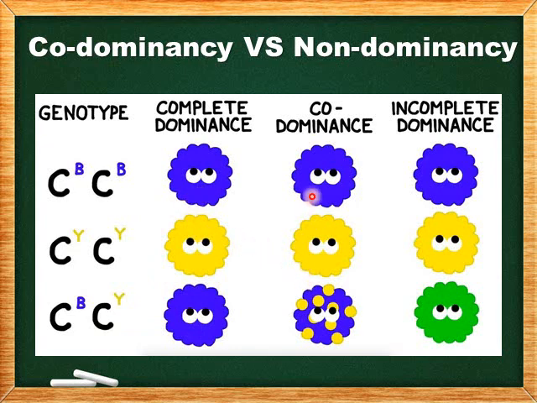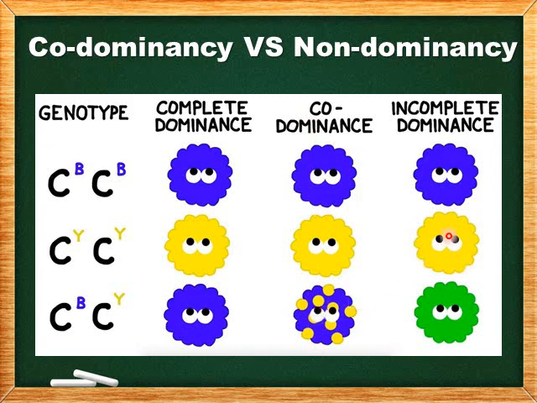But in this case, with a blue allele and a yellow allele, an individual is blue spotted by yellow. Both colors appear. When both colors appear, we have to say that it is the case of codominancy. Both phenotypes appeared here.